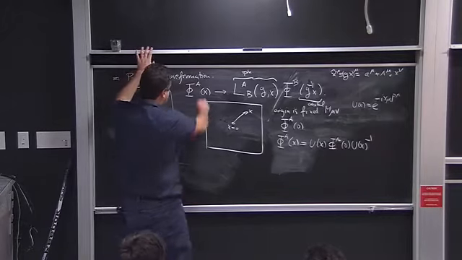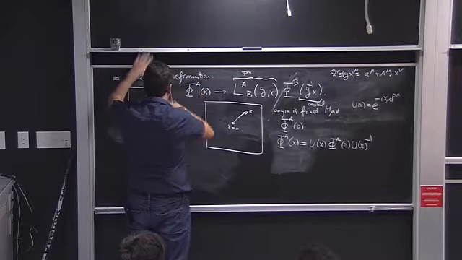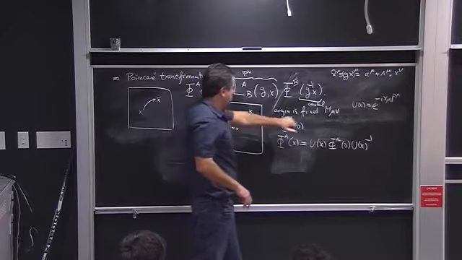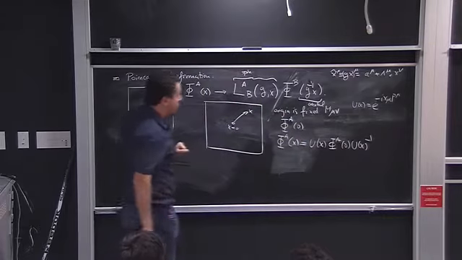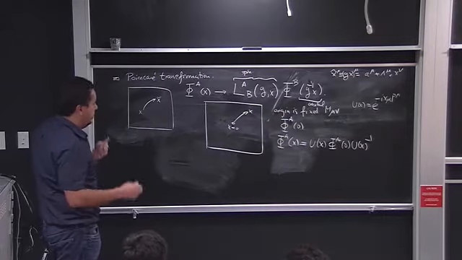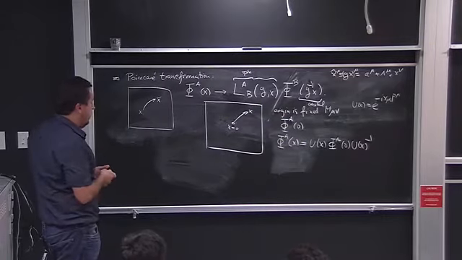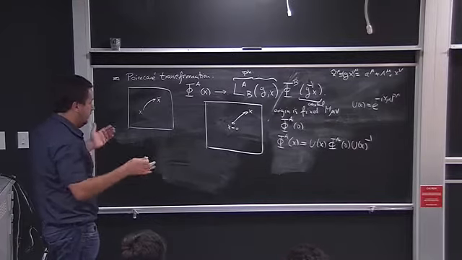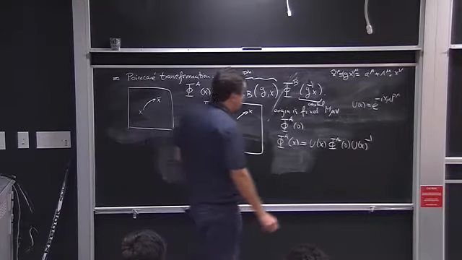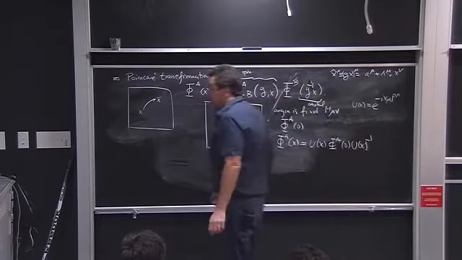All that we have to assign for Poincaré is the Lorentz quantum numbers, because that's the only generator that fixes the origin, and then I can move away from the origin by a translation.